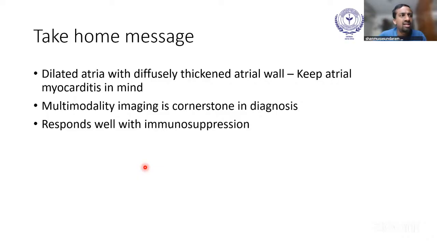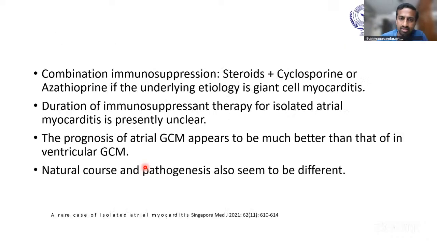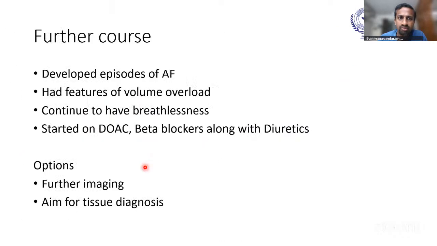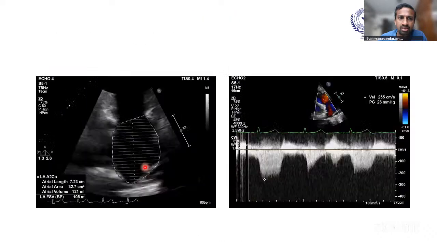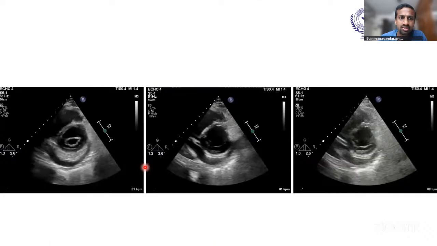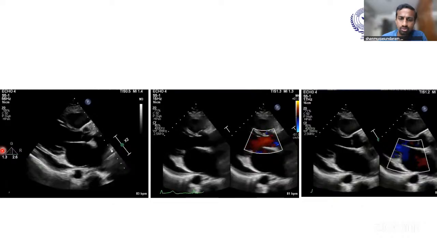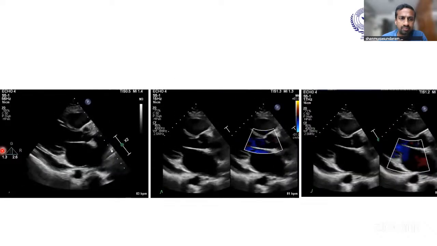Sir, regarding the magnitude of thickening, when we saw this case the first time, retrospectively, when we reviewed the images, even at that time we could notice some thickening. If you notice this image, even here there is some layering, which in fact got worse over a period of time.